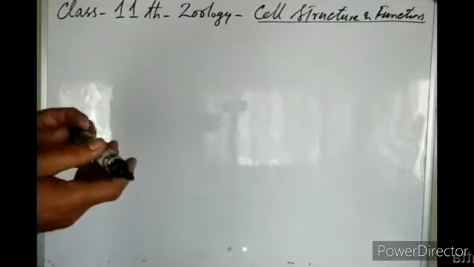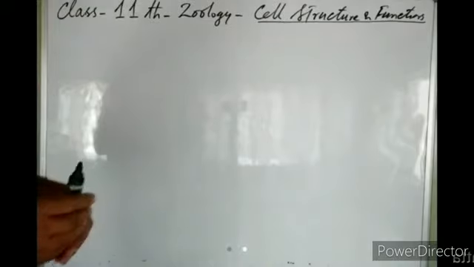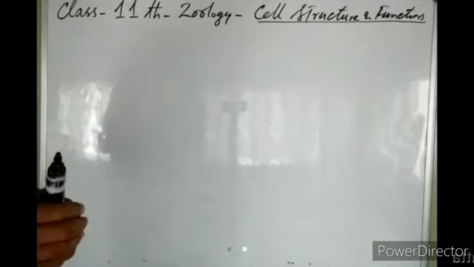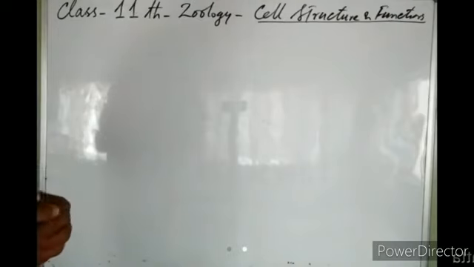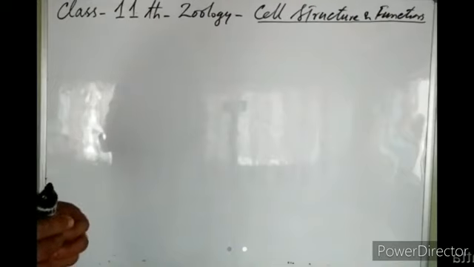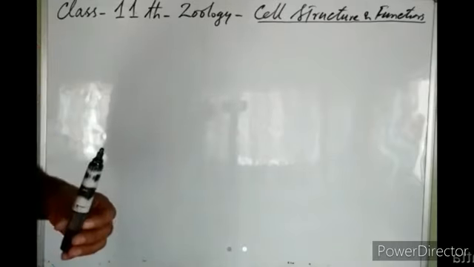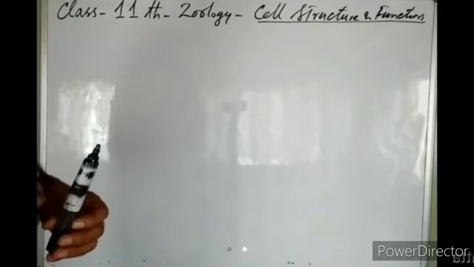As I told you in the last lecture, a prokaryotic cell may or may not have a flagellum. If a prokaryotic cell is without a flagellum, we call it atrichous. If it has a single flagellum, we call it monotrichous.